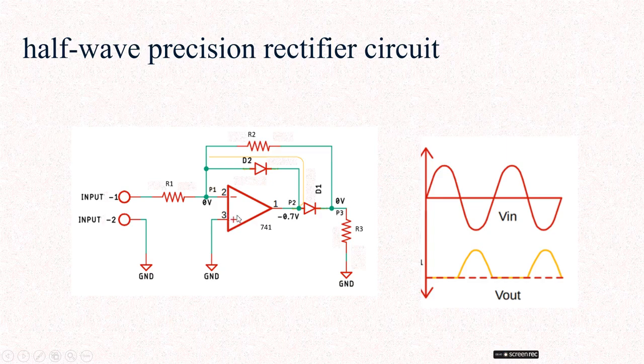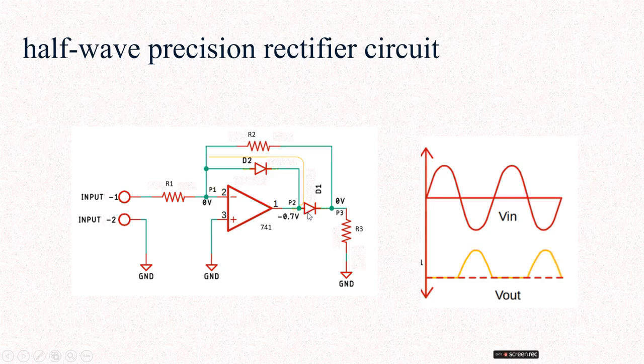When the negative half cycle of the input signal is applied, we get a positive signal at the output, as in an inverting amplifier, and diode D1 conducts. The compensated output obtained at point P2 appears at P3 as well, without losing any output value.